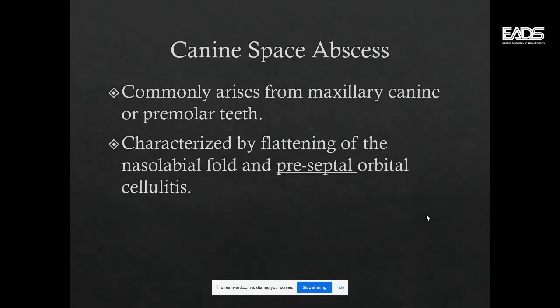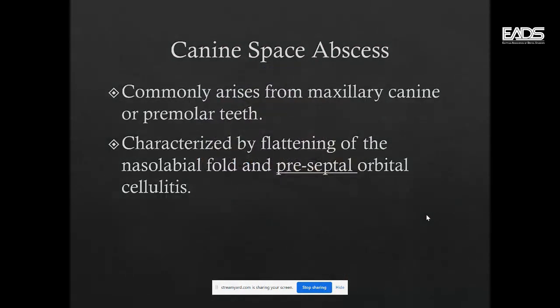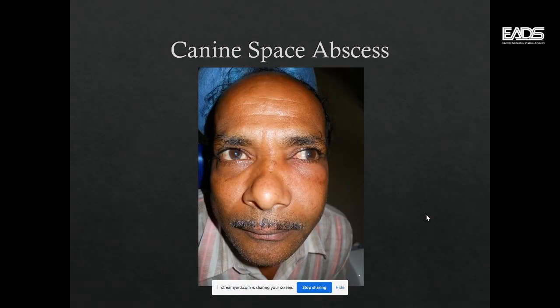The treatment involves removing the offending tooth, intraoral incision and drainage, and oral antibiotics are recommended for this type of case. The canine space commonly arises from maxillary canine and premolar teeth, characterized by flattening of the nasolabial fold and periorbital cellulitis. With this, you can see the difference of the nasolabial fold.